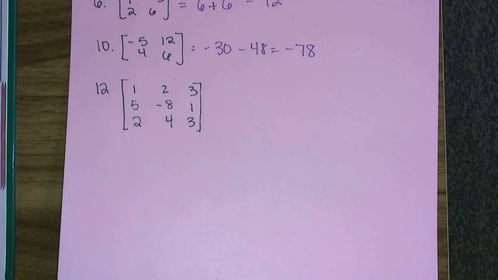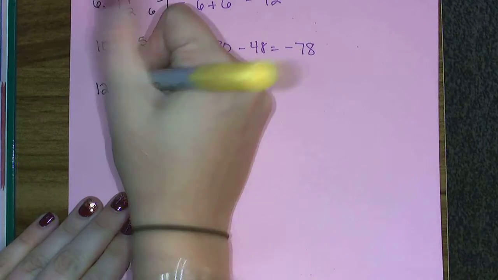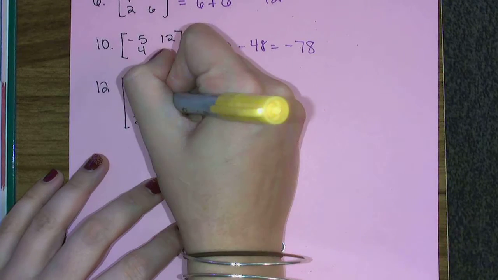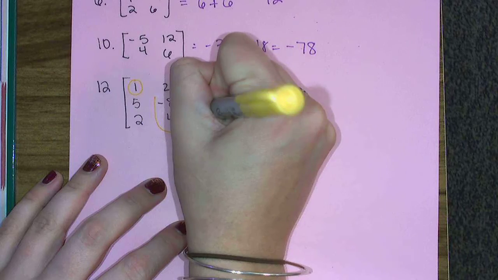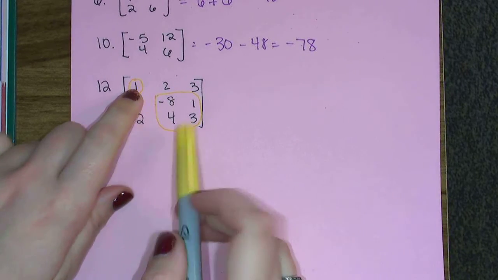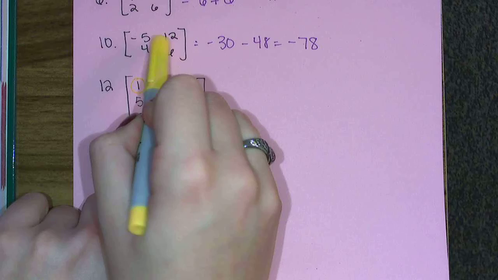Alright, so the determinant of a 3 by 3, it's this first one times the determinant of all of that. So it's this top value times the determinant of this, which you literally just did up here.